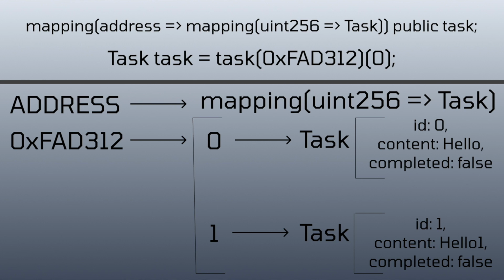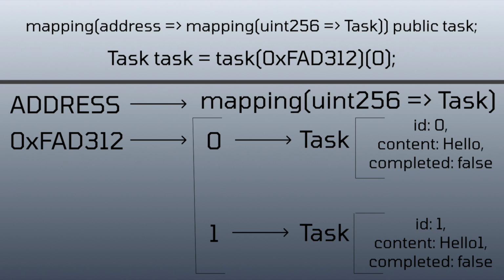In this case, we had a more complicated mapping function because it's a mapping function inside of a mapping function. So we have to pass an address as the first parameter to get another mapping function. In this case, for example, we pass the first address and we get another mapping function with a lot of integers that represent a unique task.